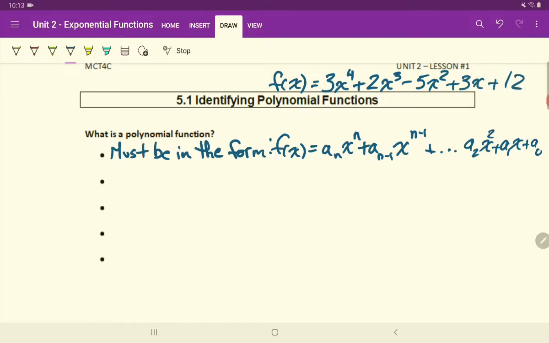This is considered a polynomial equation, okay? And it follows this form right here. So you start off with a coefficient. Let's call it a subscript n, okay? And then you have an x, just like I have here.